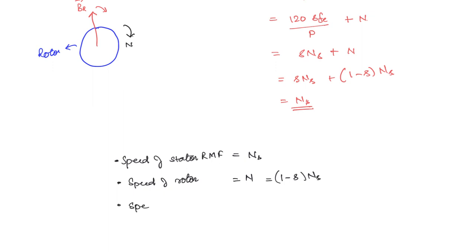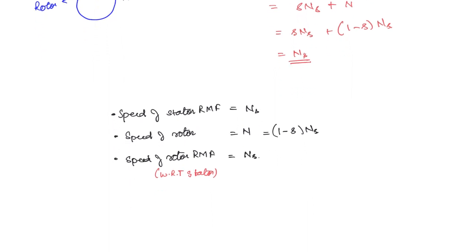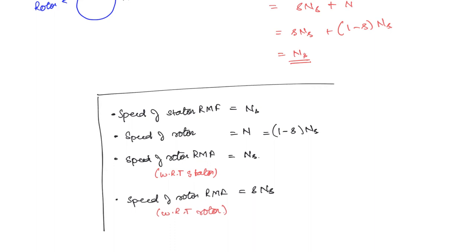And finally, speed of rotor RMF with respect to stator, stator meaning any stationary object, is equal to synchronous speed. And finally, speed of rotor RMF with respect to rotor is equal to S times Ns. Okay. So these are the points that you need to remember.